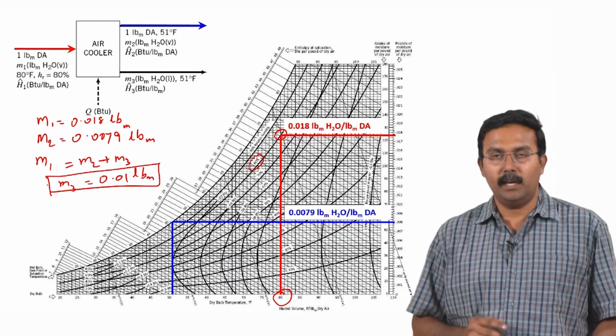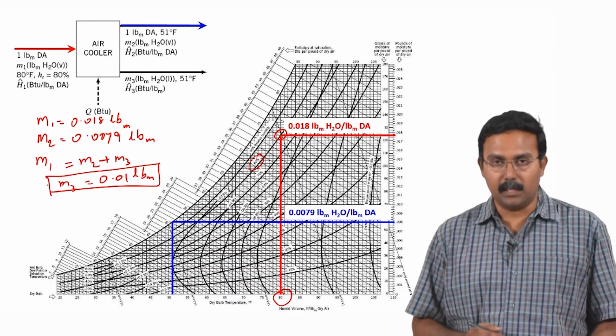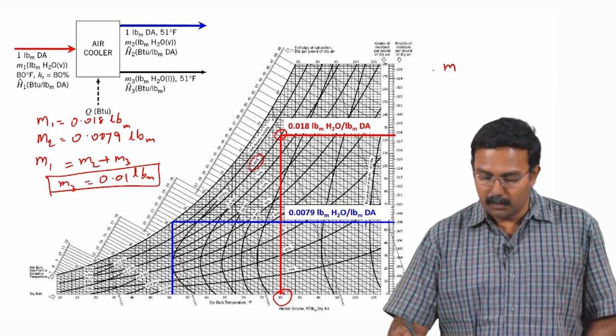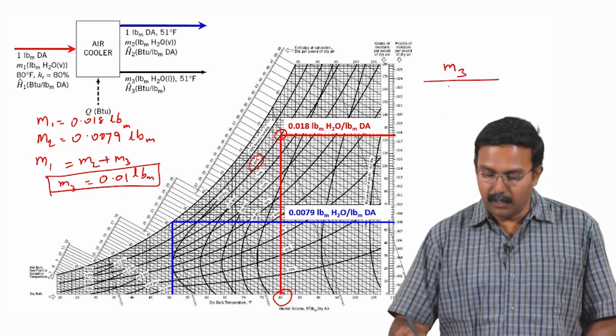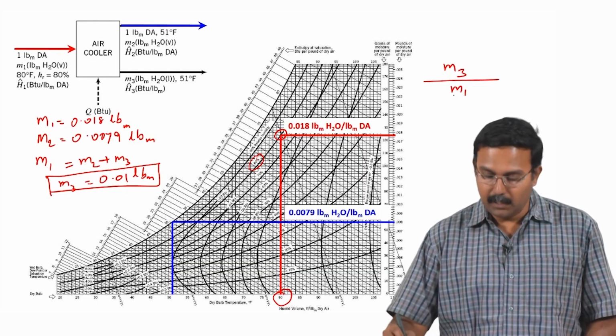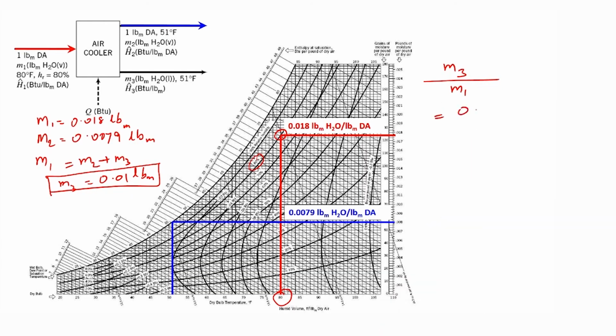As we have been asked to identify the fraction of water which is condensed, that would be the mass of water liquid which is condensed and leaving divided by the total mass which is entering, which is 0.01 divided by 0.018, which is roughly 0.55. So roughly 55% of the water entering gets condensed because of this process.